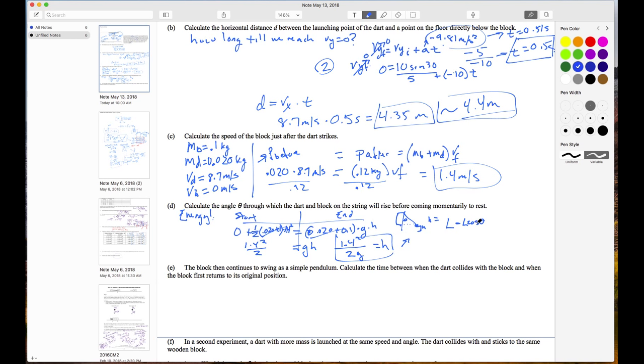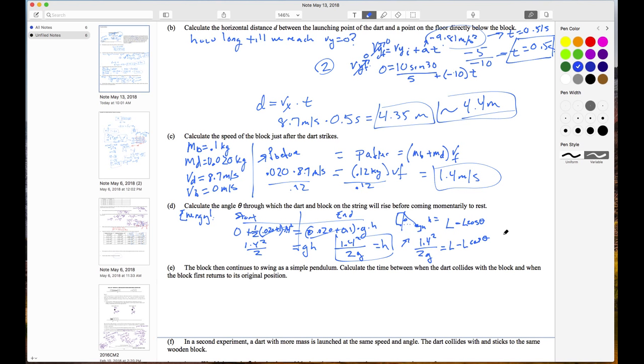So if we plug in here, we see that the height, 1.4 squared over 2g, equals L minus L cosine theta. And from there we can do some rearrangement and find the actual value of the angle.